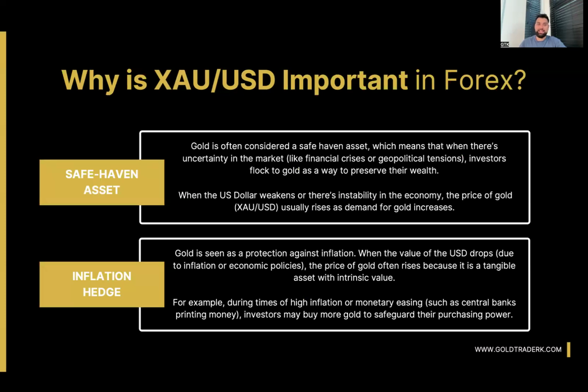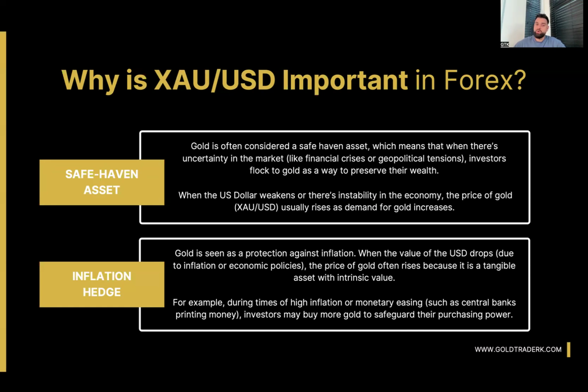Safe haven asset. Gold is often considered a safe haven asset, which means that when there's uncertainty in the market, like financial crisis or geopolitical tensions, investors flock to gold as a way to preserve their capital. When the US dollar weakens or there's instability in the economy, the price of gold usually rises as demand for gold increases.